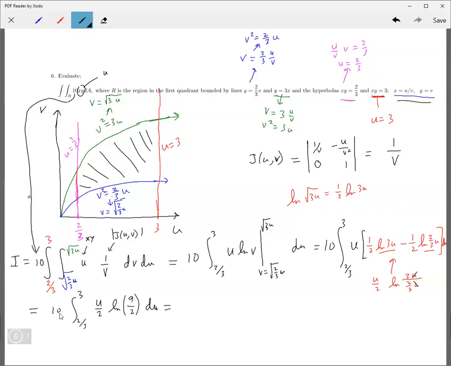Okay, so if we take this 10 over to log of 9/2, we take all of this stuff out except the u. You integrate that, you're going to get u squared over 2 from 2/3 to 3. Ten times a half is 5.